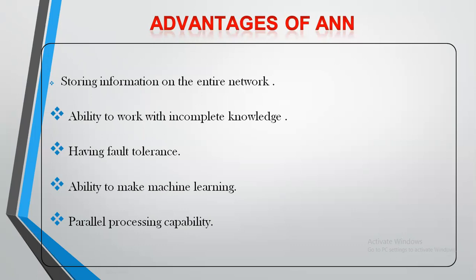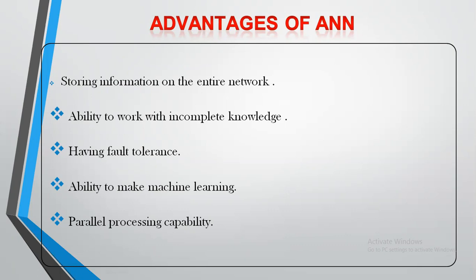Suppose if any piece of information is missing from the entire database, it won't restrict the function of the AI network that is storing information on the entire network. The second advantage is the ability to work with incomplete knowledge.